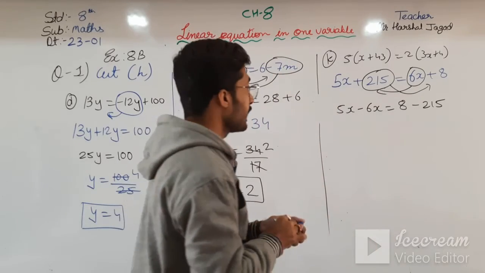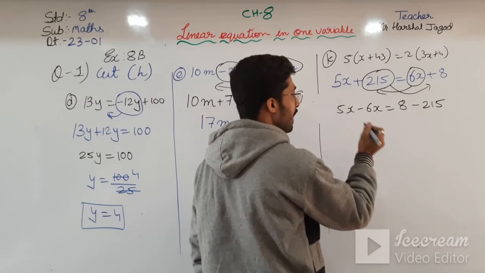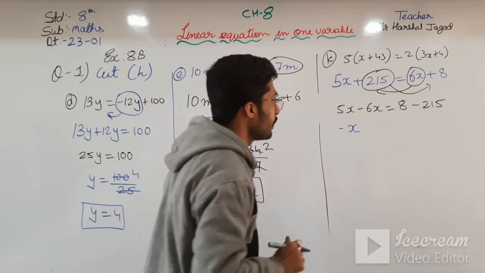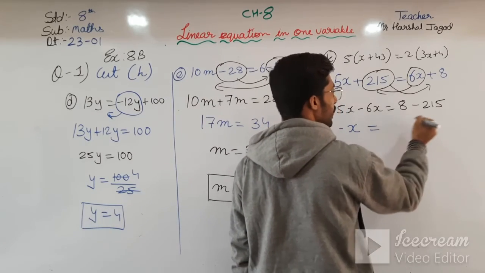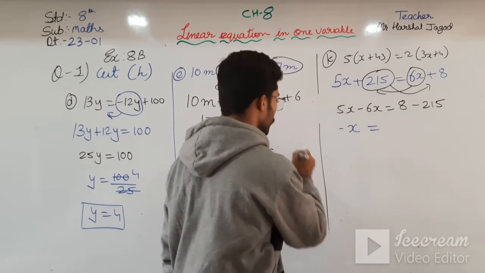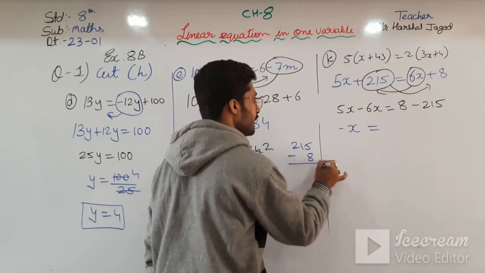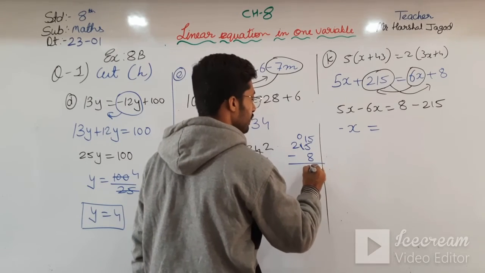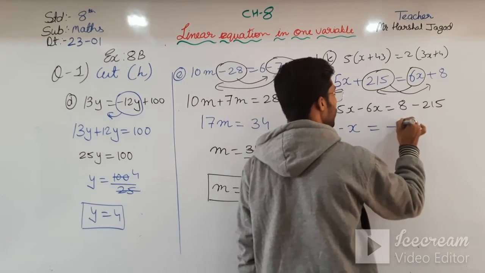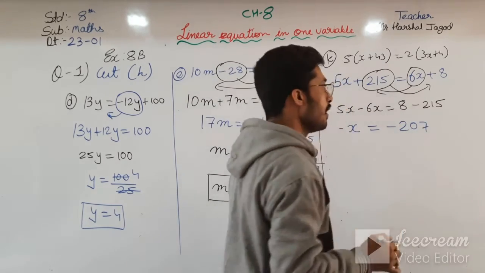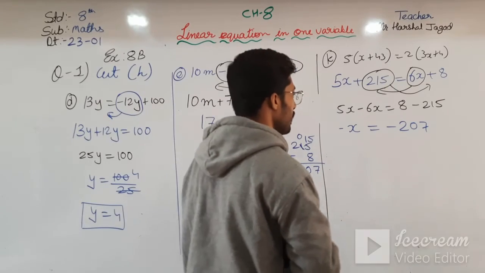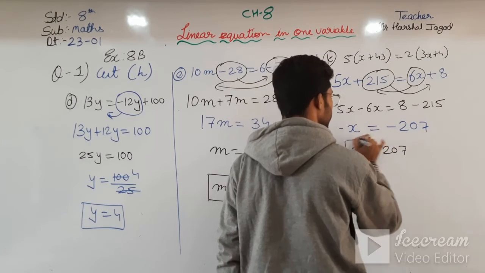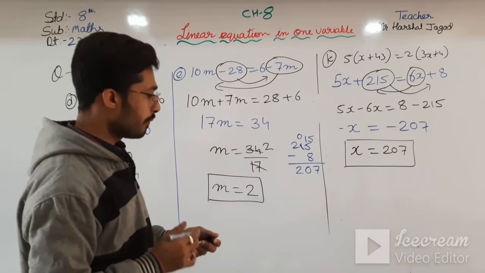So here, plus minus minus, so here it will be minus x. 6 minus 5 is equal to 1, that is minus x is equal to 8 minus 215, which is minus 207, which is our answer. So here minus minus will become plus. So x is equal to 207. Okay. So please note down this.